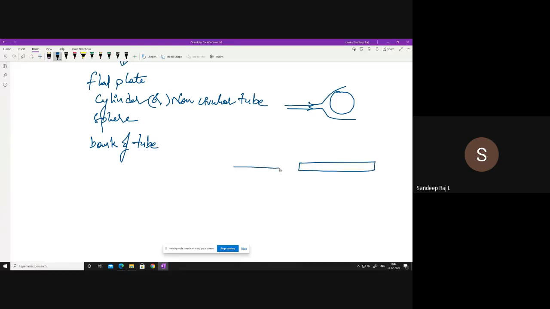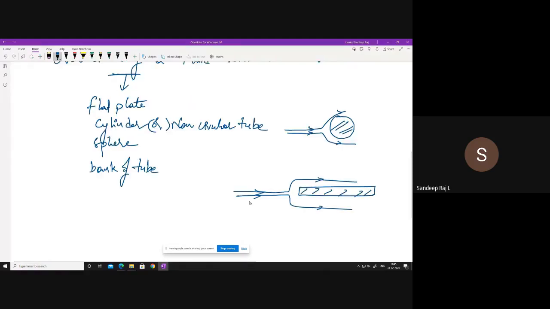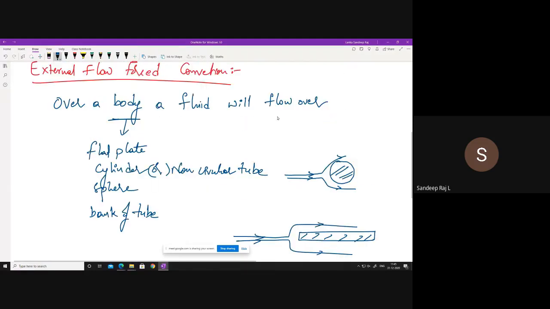This is a flat plate here, and air is flowing over like this. Okay, this is the airflow. Then this is a body. So these are all the cases for external flow forced convection. So external flow forced convection will be a flow over a body.